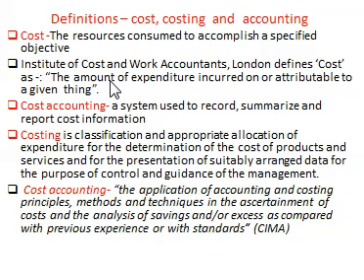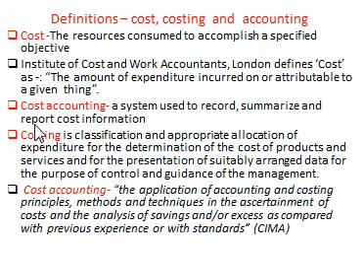Some of the definitions: a cost is the resources that you are going to use in order to accomplish a specified objective. For example, if you need 10 kilograms of material to produce a given product, the value of the material that you are going to use is what we call a cost.